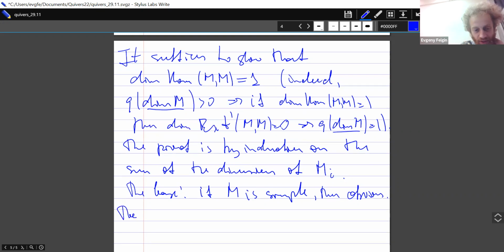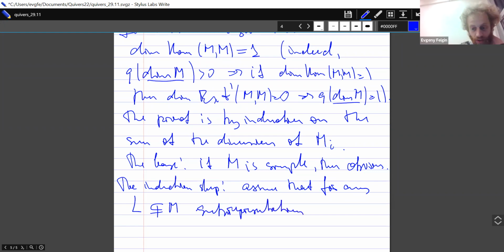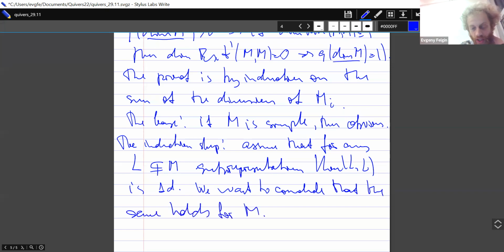Now the induction step. So we just assume that for any subrepresentation L strictly inside M, Hom(L, L) is one dimensional. Then we want to conclude that the same holds for M. And I'm not going to complete the proof.